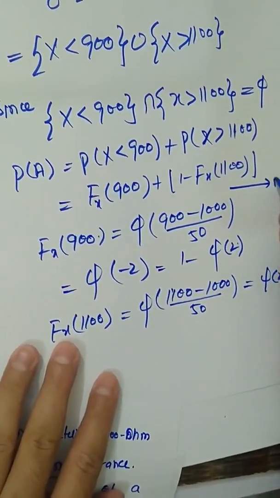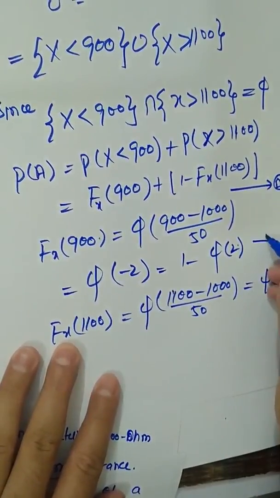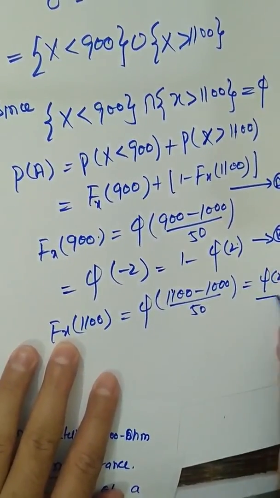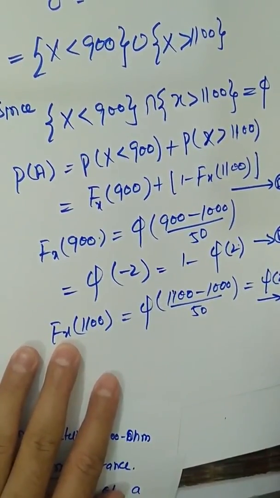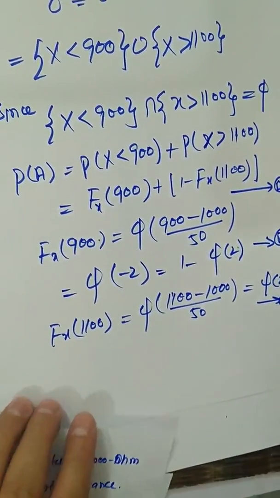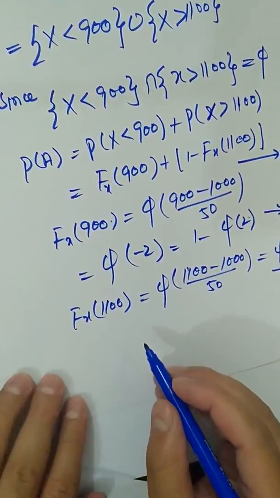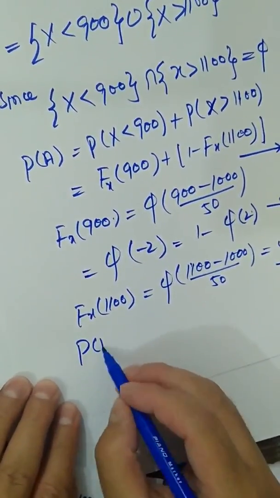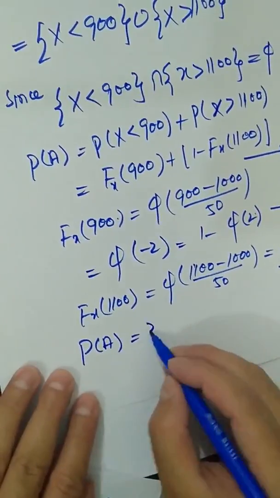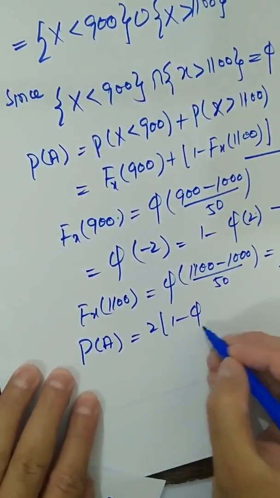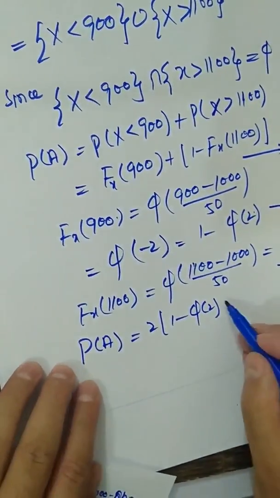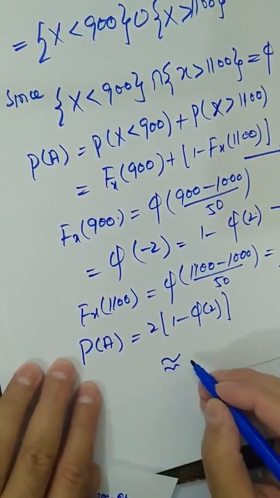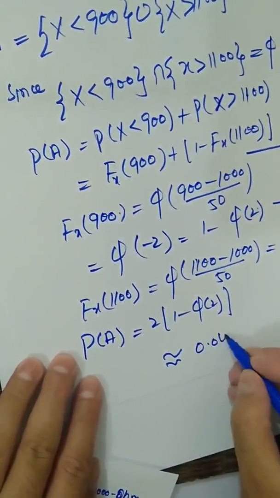I call this equation A, this is B, this is C. Incorporating B and C into A, the probability of A would be 2 into 1 minus phi of 2, which is approximately equal to 0.045.